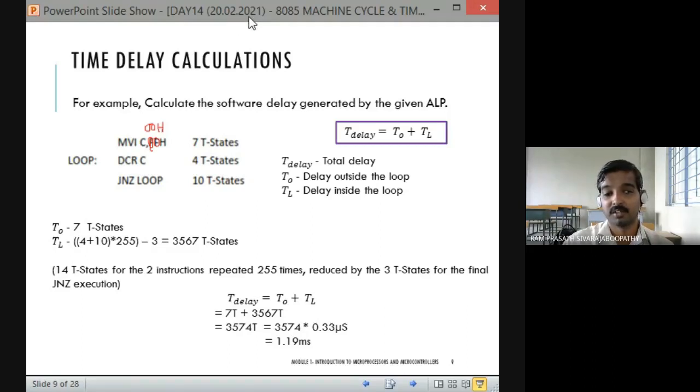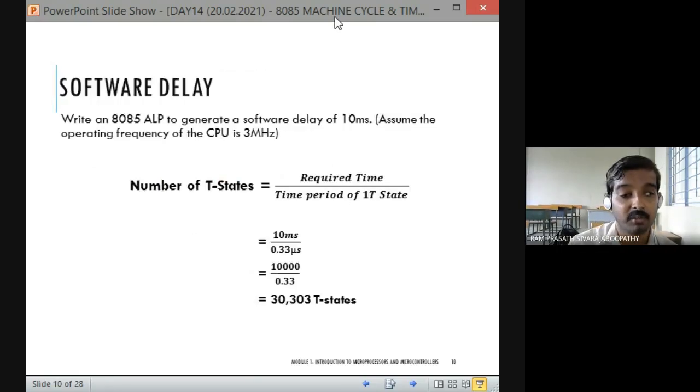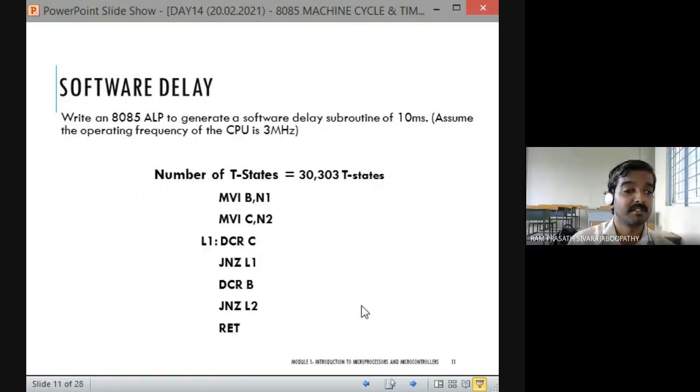Yes or no? See, with this program we can generate only 3574 T states of time delay. Correct? So I need more than that. See how much is needed: 30,303 T states approximate. Here the value given is approximate, the fractional part is neglected. Fine. Okay. So what we have to do now is the number of T states is equal to 30,303, which can be achieved like this. So this is my inner program. Can you see? MVI C, N2; DCR C; JNZ L1.